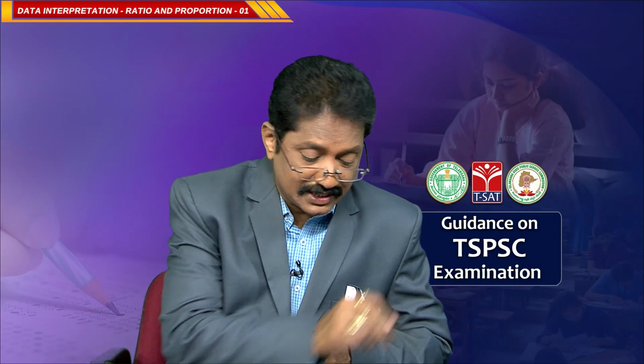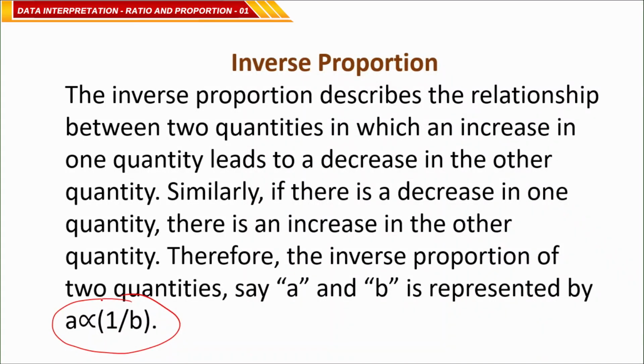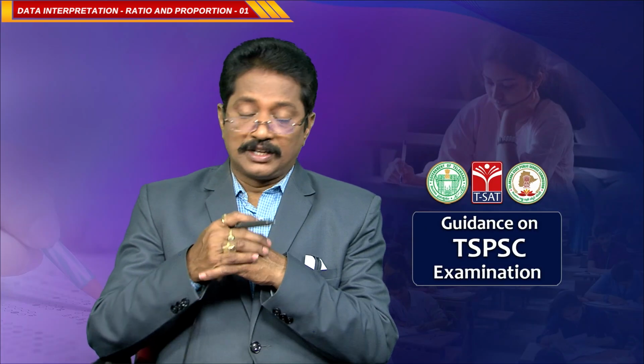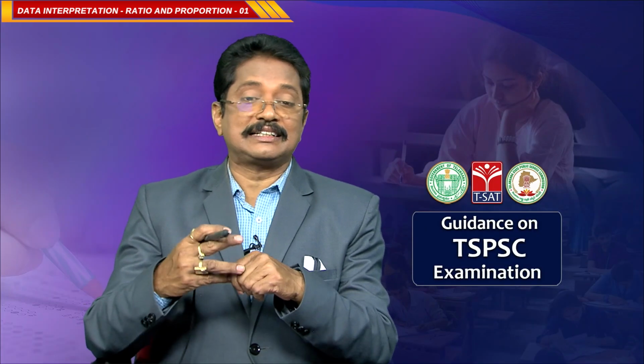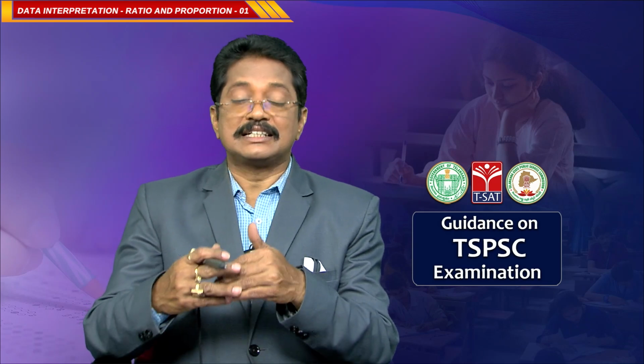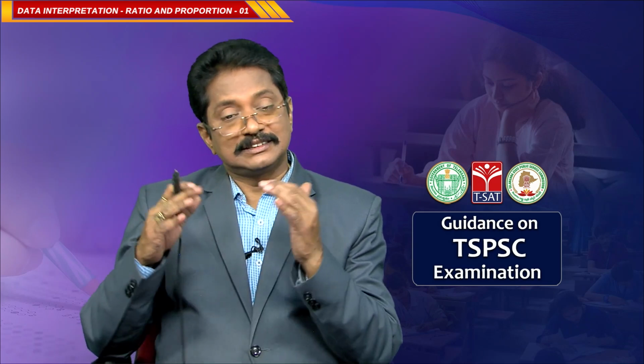Just now I discussed Boyle's law, and of course, we can say Ohm's law also, and the properties of resistance also: as the cross-sectional area of the conductor increases, the resistance of the conductor decreases. Correct or not?